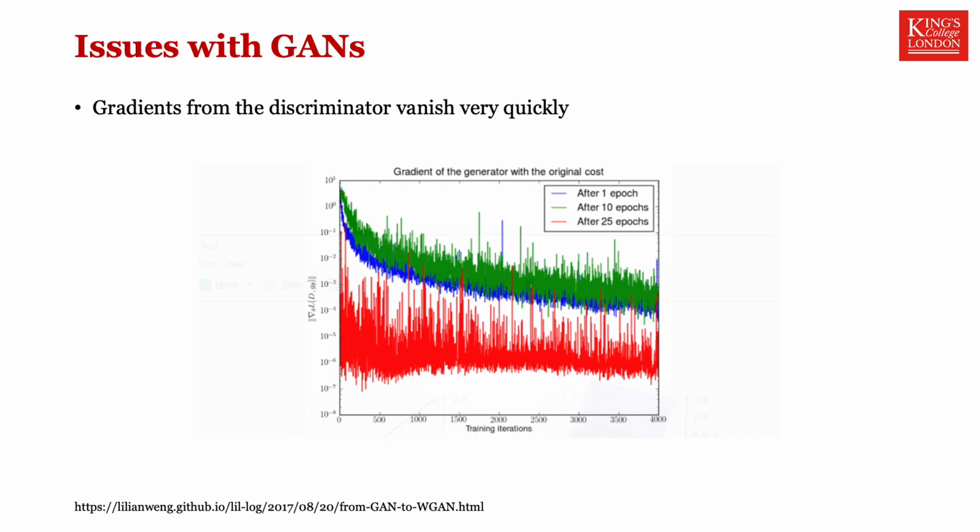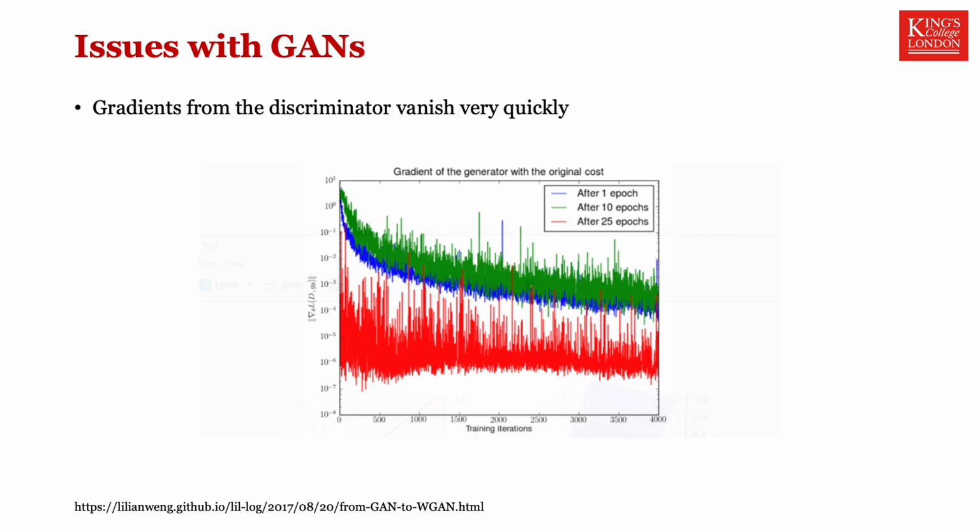The other part that happens is that the gradients of the discriminator vanish very, very quickly. For example, if you calculate the gradients from the point of view of the generator given by the discriminator, the ones that are optimizing the generator parameters in order to trick the discriminator, after 1 epoch or 10 epochs or 25 epochs of training, the gradients are going to go down very quickly and approach negligible values.